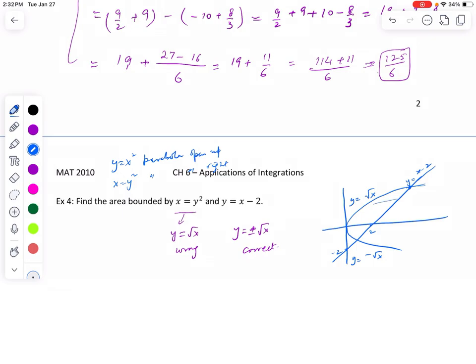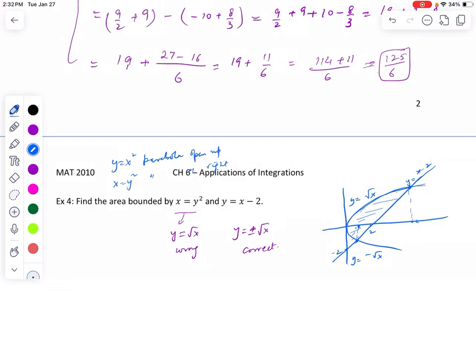So we cannot say here that we have on the top one function, at the bottom another function, because over here, if you look at this, this is all the time above, but from this point of intersection, this coordinate will be here, from x is equal to 1 to whatever x coordinate is over here, the function square root of x is above and the function x minus 2 is below.